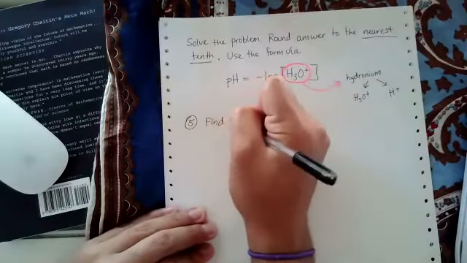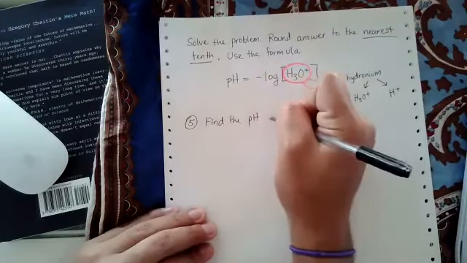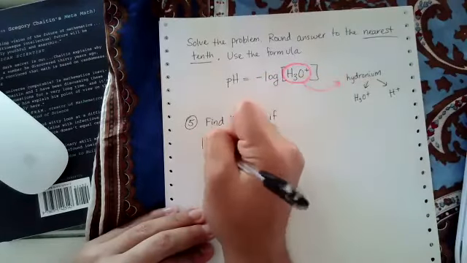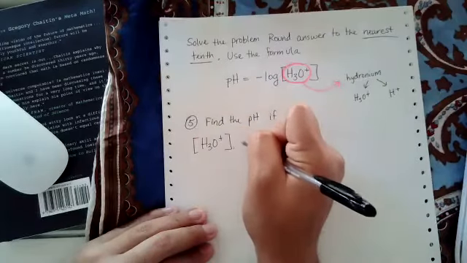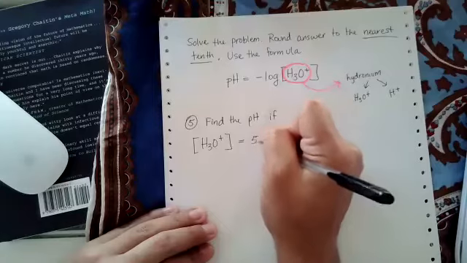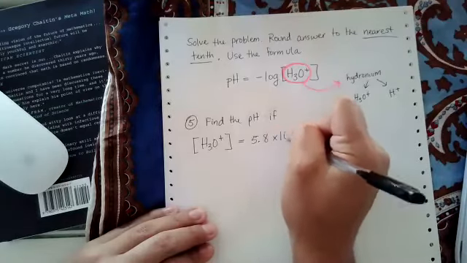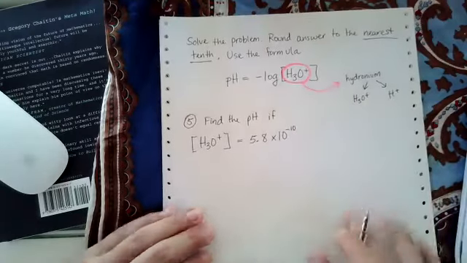So find the pH if our hydronium concentration is equal to 5.8 times 10 to the negative 10 power.